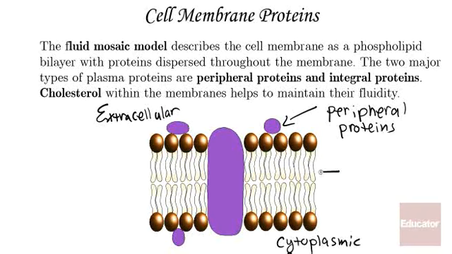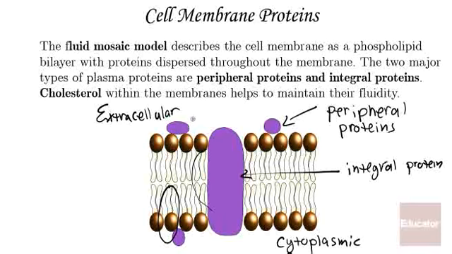And the hydrophilic regions can extend outside the cell, either into the extracellular space or in the cytoplasmic space. These proteins don't always traverse the entire membrane. They may actually just be partially embedded. So you could have a protein like this, which is sticking out into the cytoplasmic side but doesn't go all the way through. Those proteins that do go all the way through from one side to the other are called transmembrane proteins.